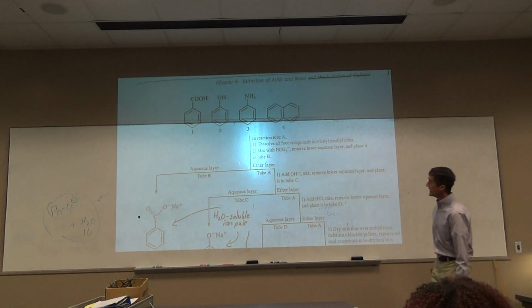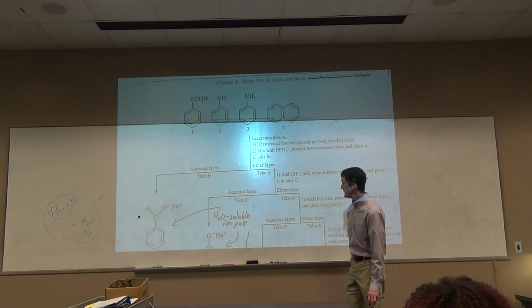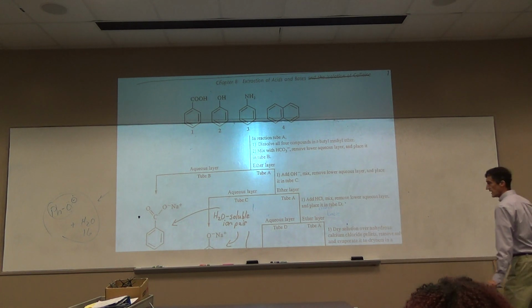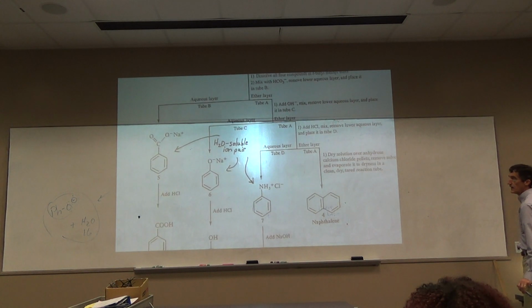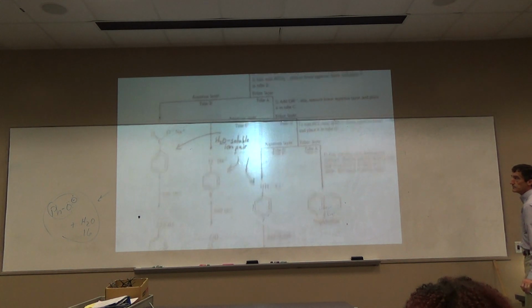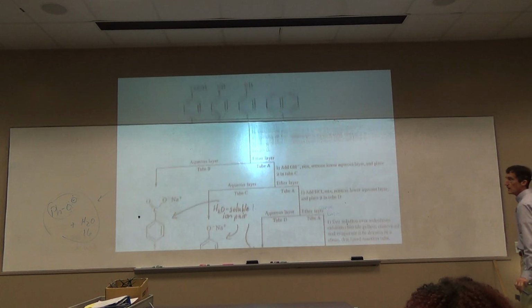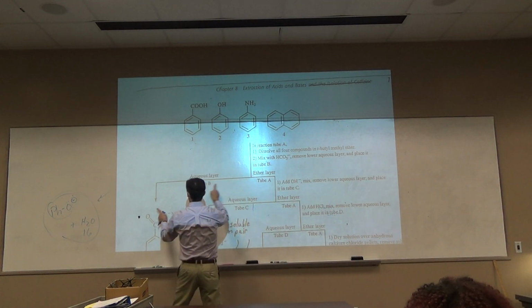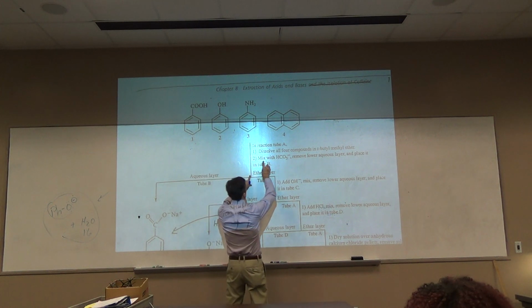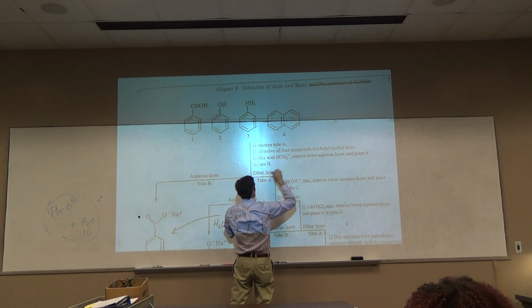And so you can extract here. You can work through here. I'll let you look at this on your own. We looked at this in Organic 1. What are they first? They're separating 1 compound by extracting with bicarb.